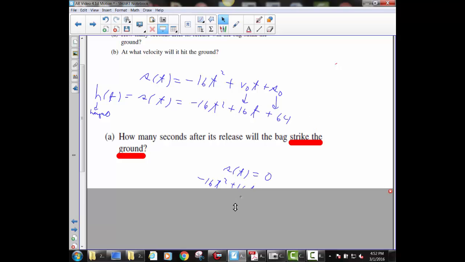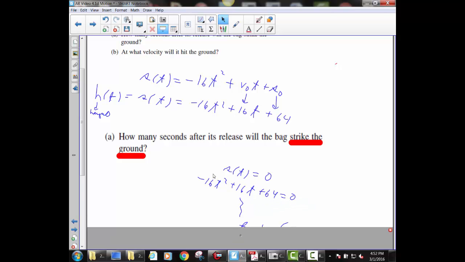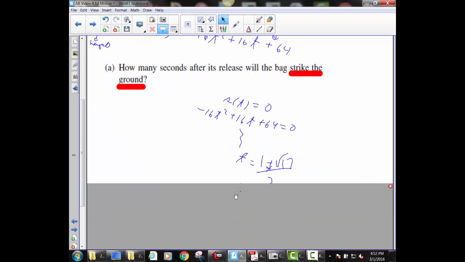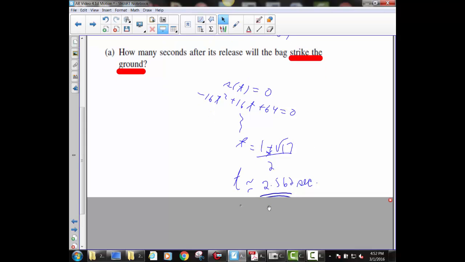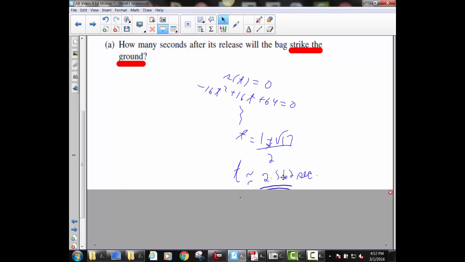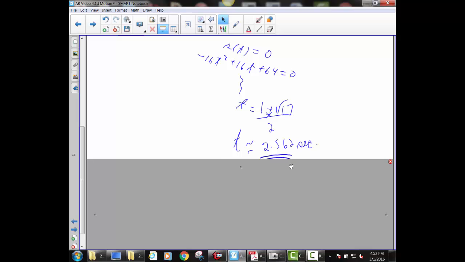So we take this expression and set it equal to 0. I'm not going to show you how to solve a quadratic equation. You'll get 1 plus or minus root 17 over 2. Of course, it can't be negative time. With a calculator, 1 plus root 17 over 2 is 2.562 seconds. So that's how many seconds it'll take for that bag to hit the ground.